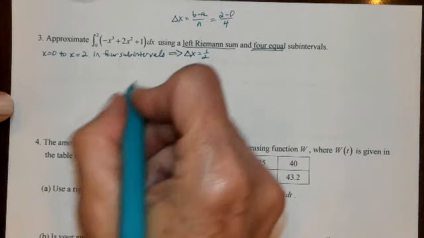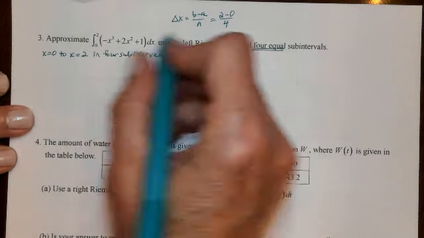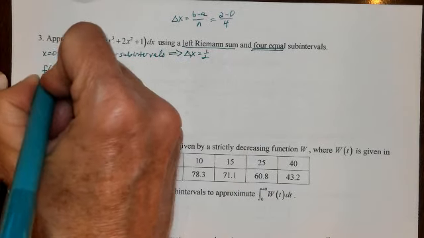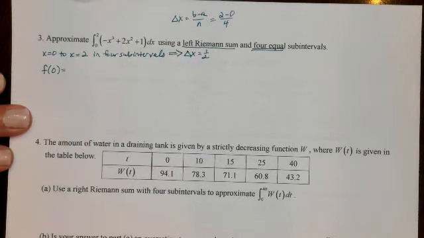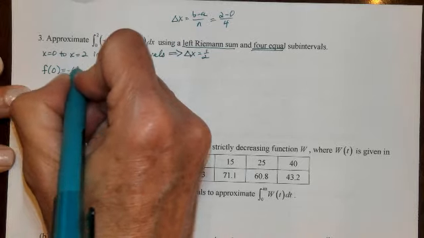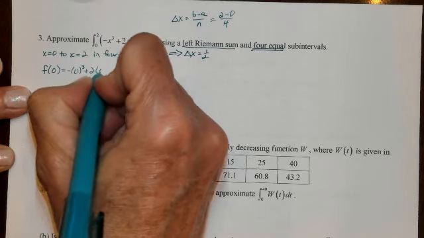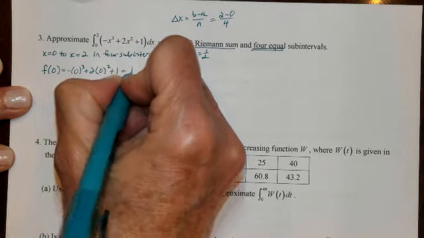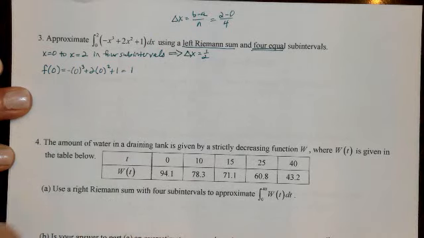Okay, well, if that's true, we're using a left Riemann sum, so we need to find that leftmost height. Well, the leftmost height will be f of 0, correct? So we're going to put 0 in for x. And we get 1. So the first height is 1.